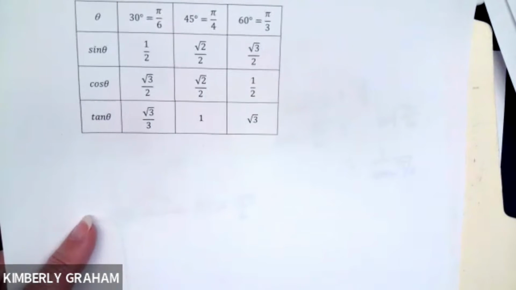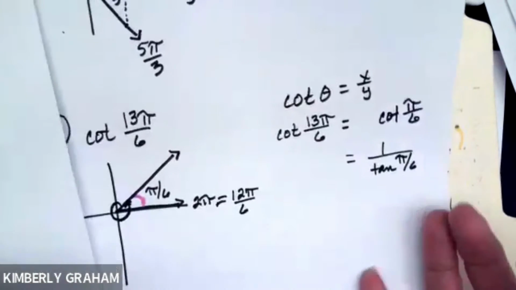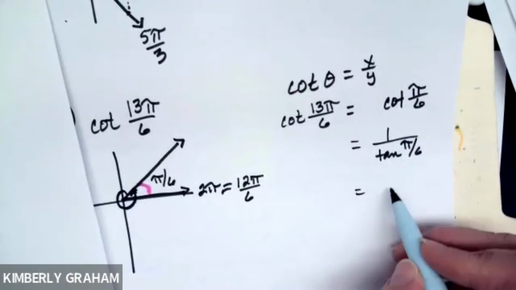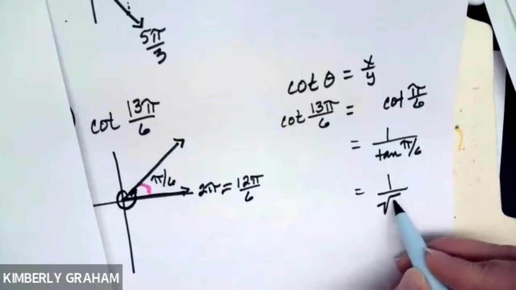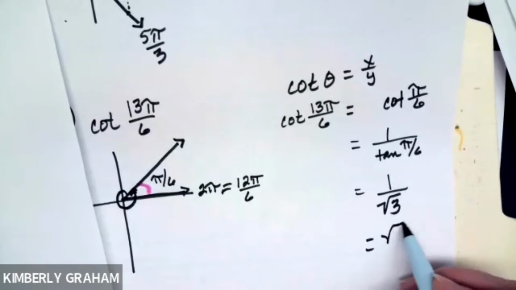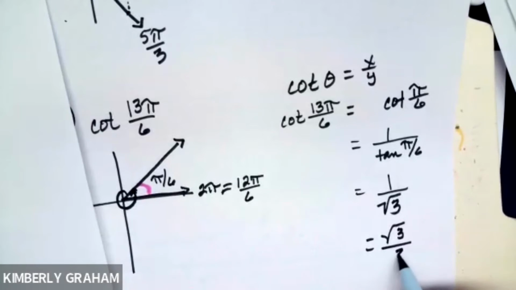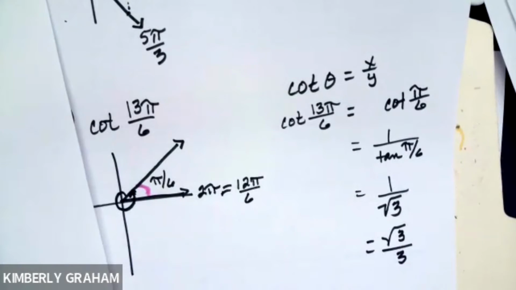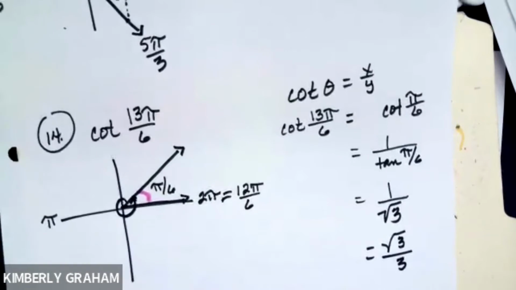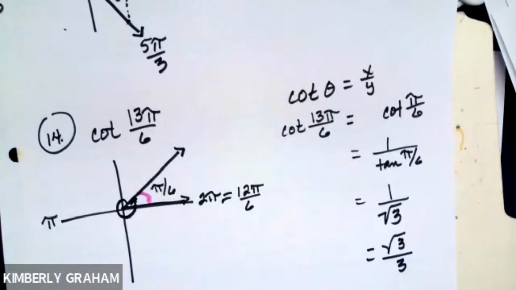So instead of square root of 3, it's 1 over the square root of 3. And I can do it from this as well. 1 over the square root of 3, rationalize my denominator. I get the square root of 3 over 3. Any questions with this so far?